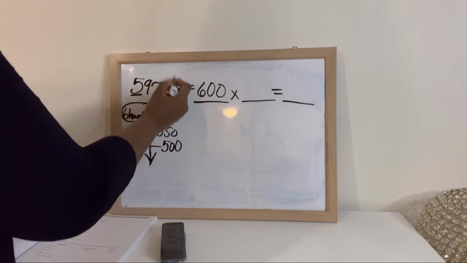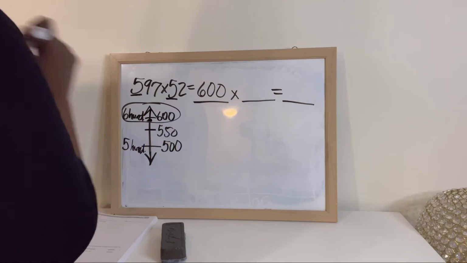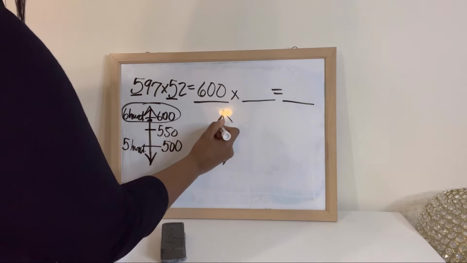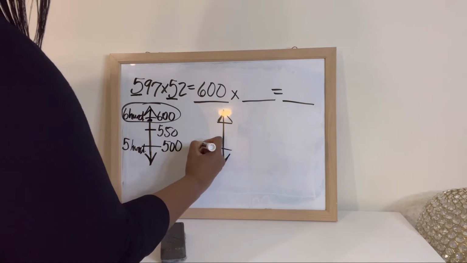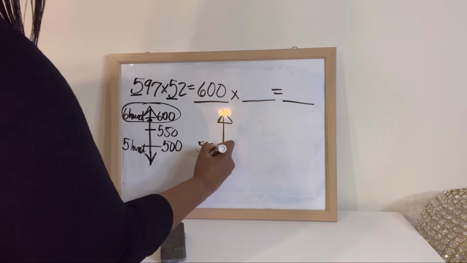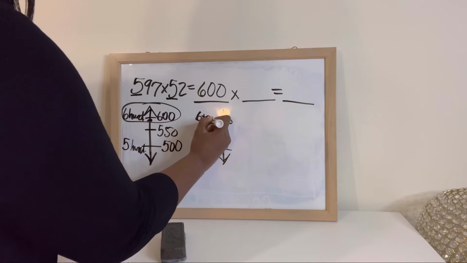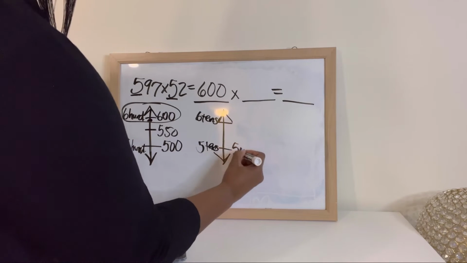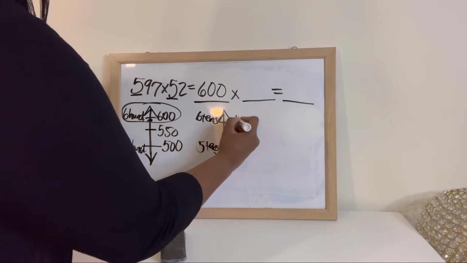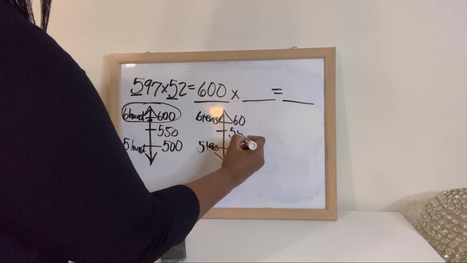Here we have, you're going to look at your first digit. The 5 is in the tens place. Draw the vertical number line. Okay, so we have 5 tens. What's one more than 5 tens? 6 tens. How does that look in standard form? That's 50. 6 tens is 60. What's in the middle? 55.